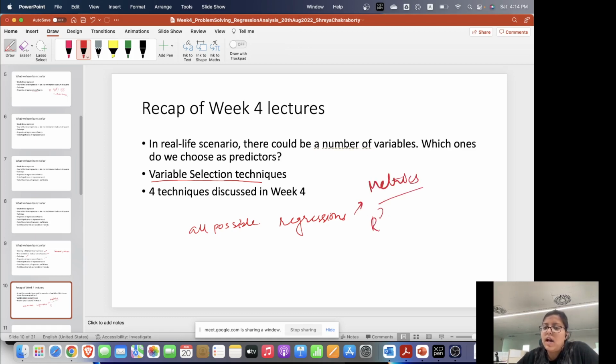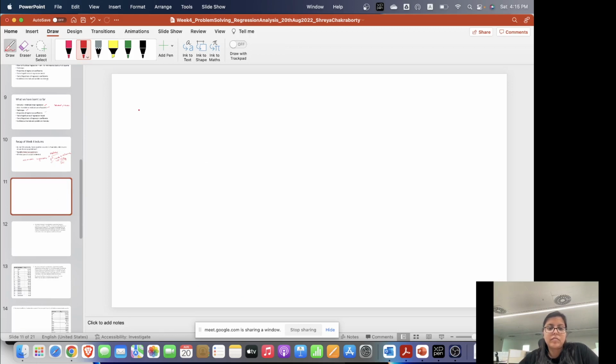So one was the R square, which is nothing but the coefficient of determination, the proportion of variance explained by a regression. So this one was one of the metrics, and then the second one was adjusted R square.